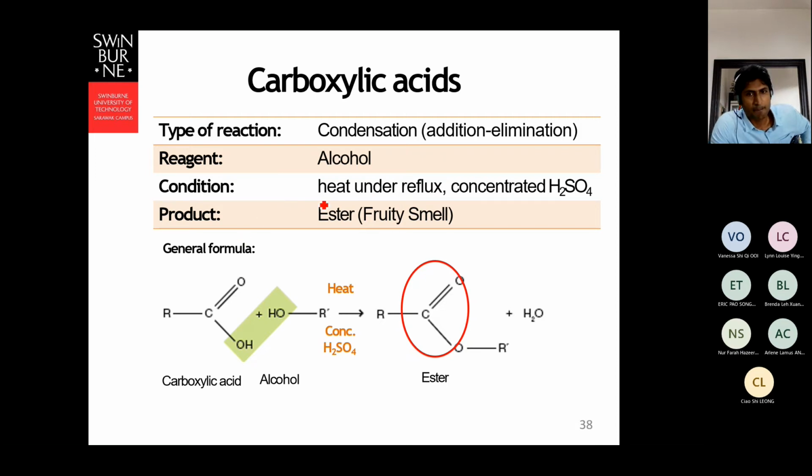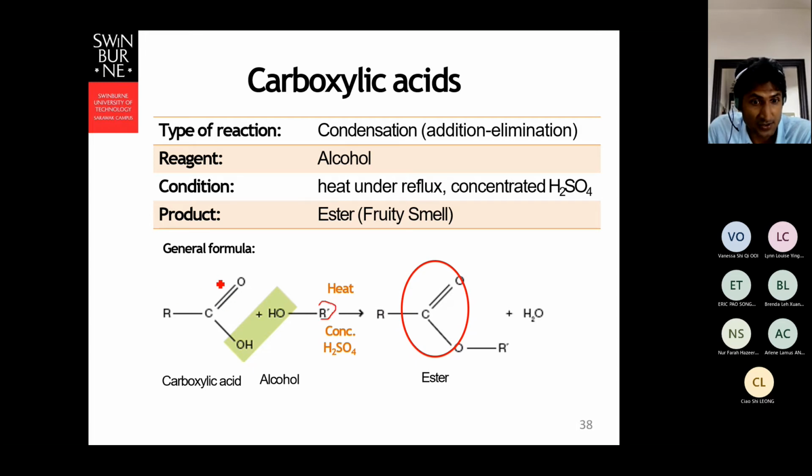And all esters will have some smell or flavor, a characteristic smell. Different esters will have different flavors or smells, right? How does the ester form? This is a carboxylic acid. This is an alcohol.